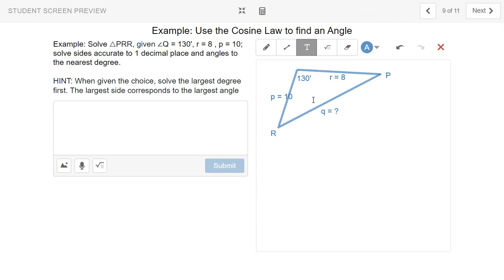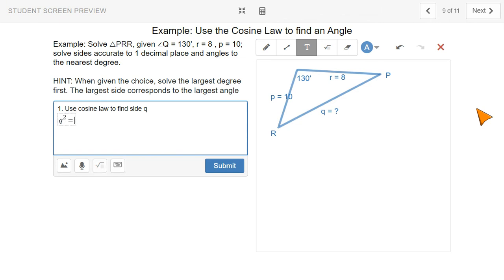Now, first, we're going to solve for side Q using cosine law. Q squared is equal to p squared plus r squared minus 2pr cosine 130. Let's substitute the values in. Q squared is equal to 10 squared plus 8 squared minus 2 times 10 times 8 times cosine 130.